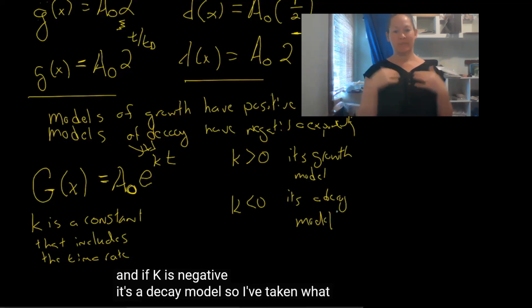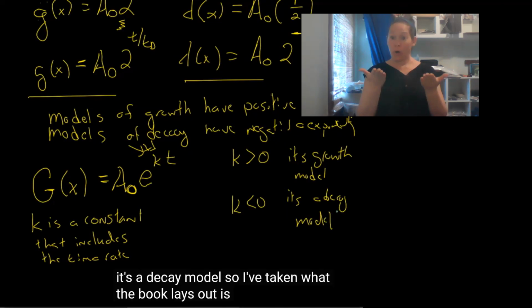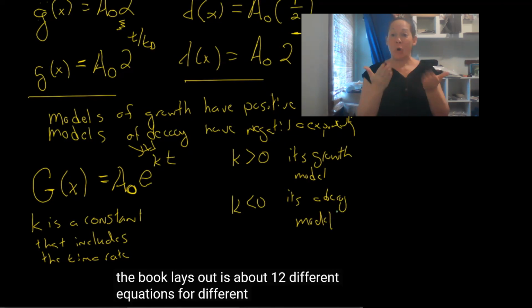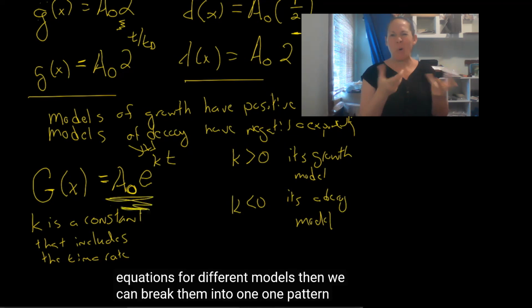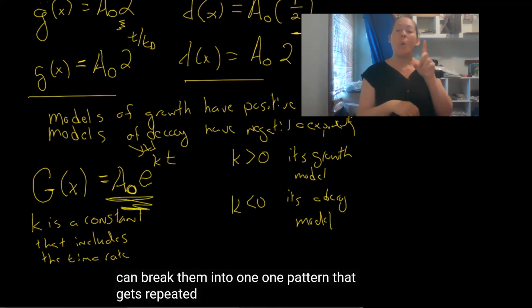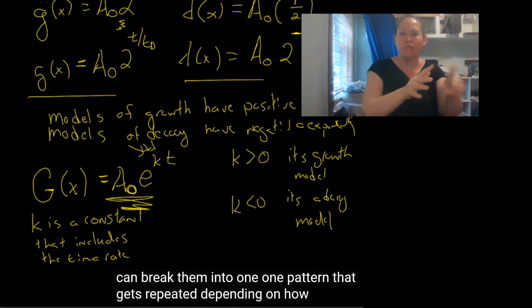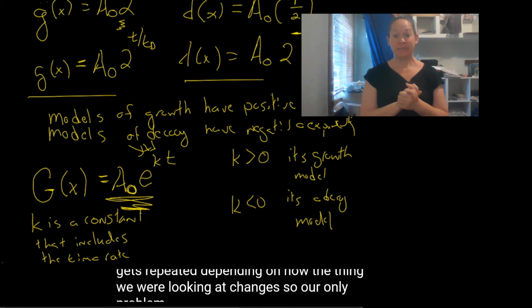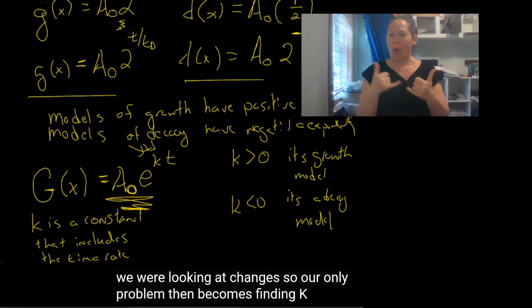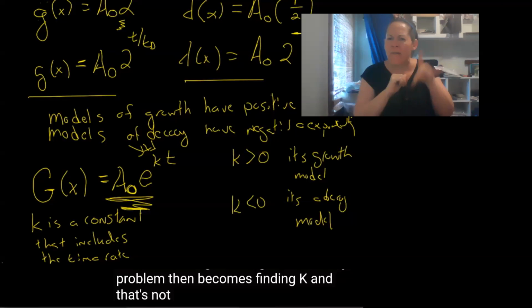So I've taken what the book lays out as about 12 different equations for different models, and we can break them into one pattern that gets repeated depending on how the thing we're looking at changes. So our only problem then becomes finding k. And that's not too bad.